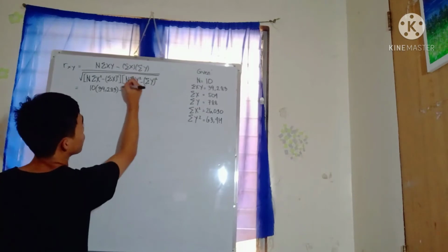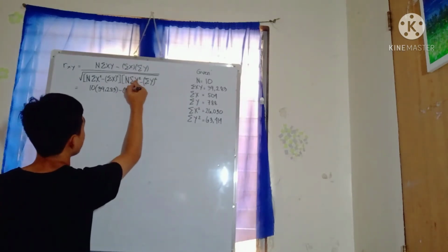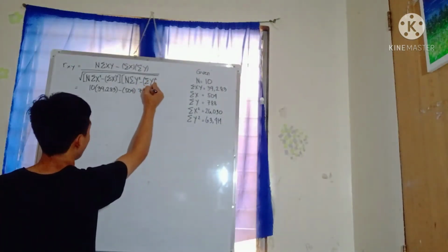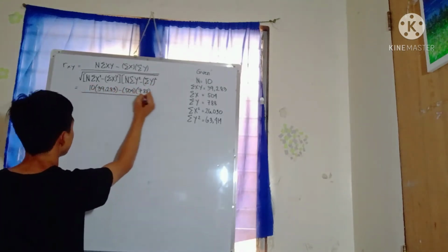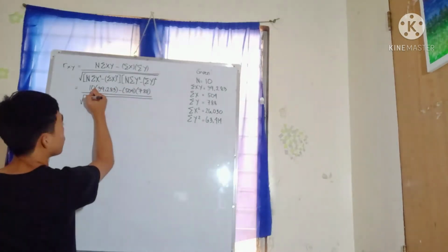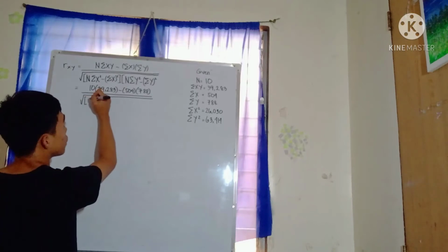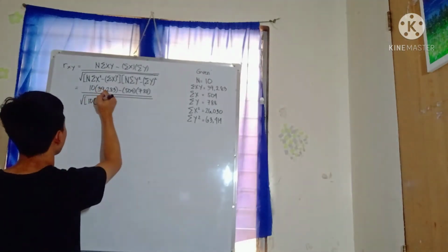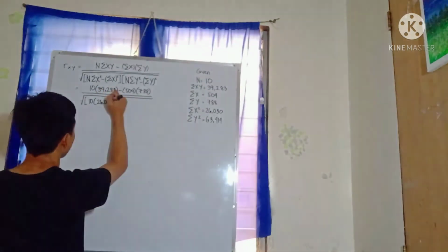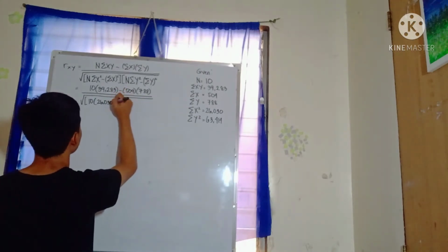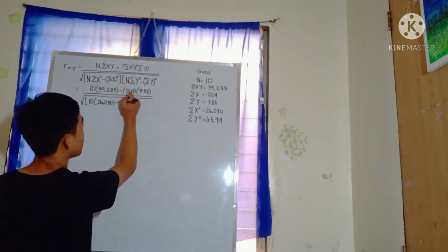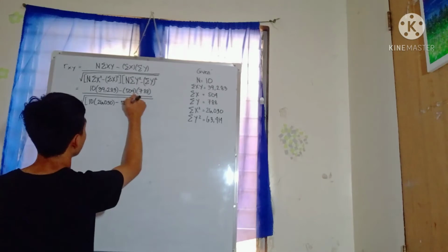Minus summation of x, which is 504, times summation of y, 788, over the square root of n, which is 10, times summation of x squared, 26,030, minus summation of x, 504, to the power of 2.